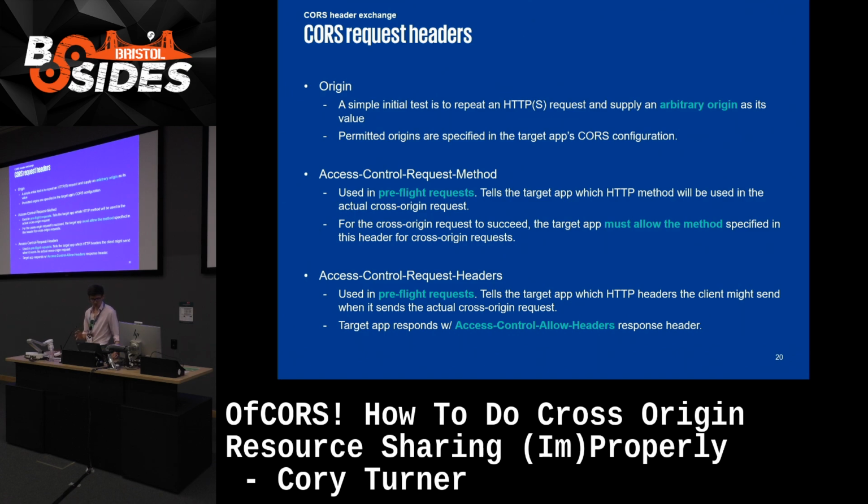So I mentioned a few of those. This is just a rundown of what those headers are. Our malicious domain is what is going to instruct the browser to specify its own origin in the cross-origin request or in the pre-flight. And then what we're really looking for is for that to be reflected back dynamically and not statically.